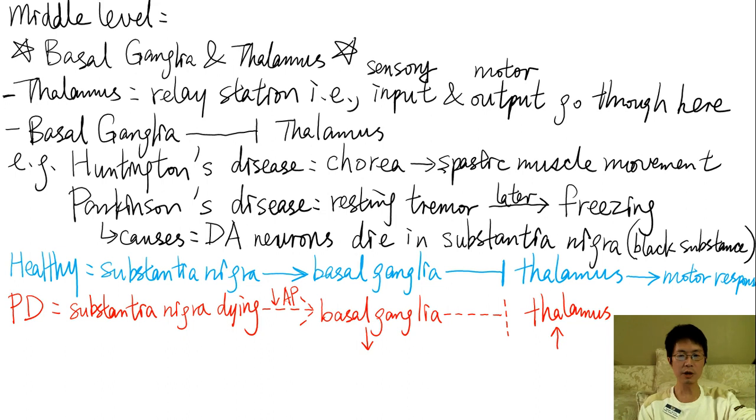When you release the thalamus, you increase the excitation of the thalamus. Then what will happen to the motor output? The motor output will be greatly enhanced. So I draw a big fat arrow, an upward arrow here for the motor response.